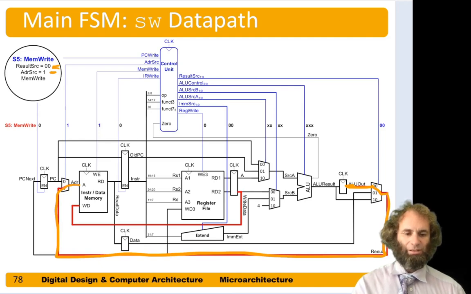But the difference is this time instead of reading we want to write. The value we want to write is sitting on write data from the register file. We provide that back to the data memory, and now we need to assert memWrite to make the write take place. So that's the 4th step of store word, and it completes the store word.